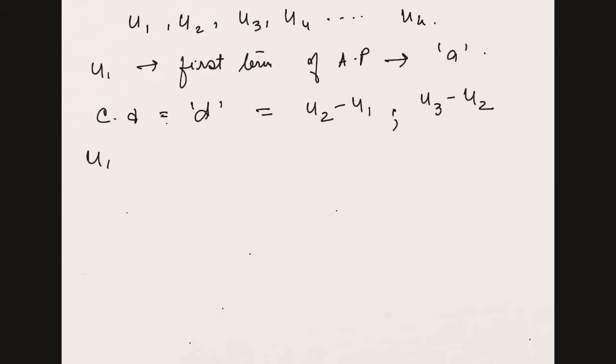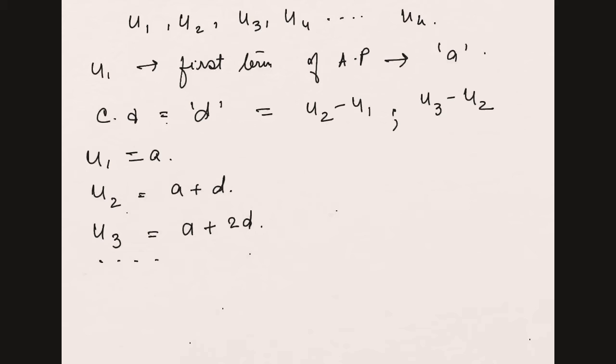It means U1 is A, but U2 is A plus D. Now, the value of D may be negative, may be a fraction, whatever it is. U3 equals U2 plus D, so A plus 2D.